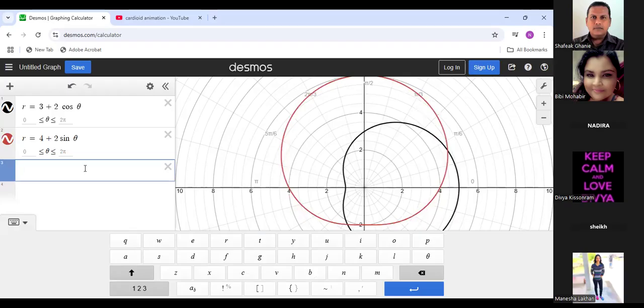As you can see there, it's the same thing as the cardioid because sine goes in a vertical direction, and cos in a horizontal direction.